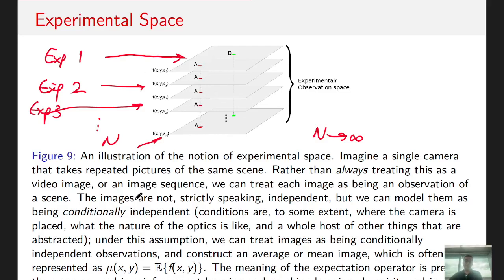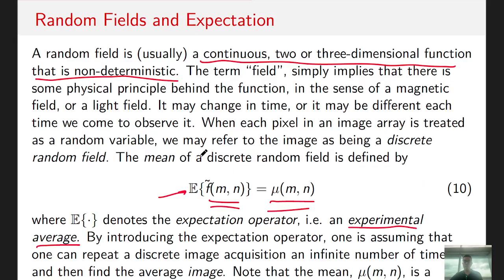Okay, so now if we were to compute the mean of a discrete random field, we get what's called the mean image. That sounds a bit weird. It's the average image. That's what mu represents. So mu is not just a single variable, as it would be in the case of measuring heights. It's a function of spatial position, so it's also an array, and we call it the mean image, or if it comes from a random field, we call it a mean field.